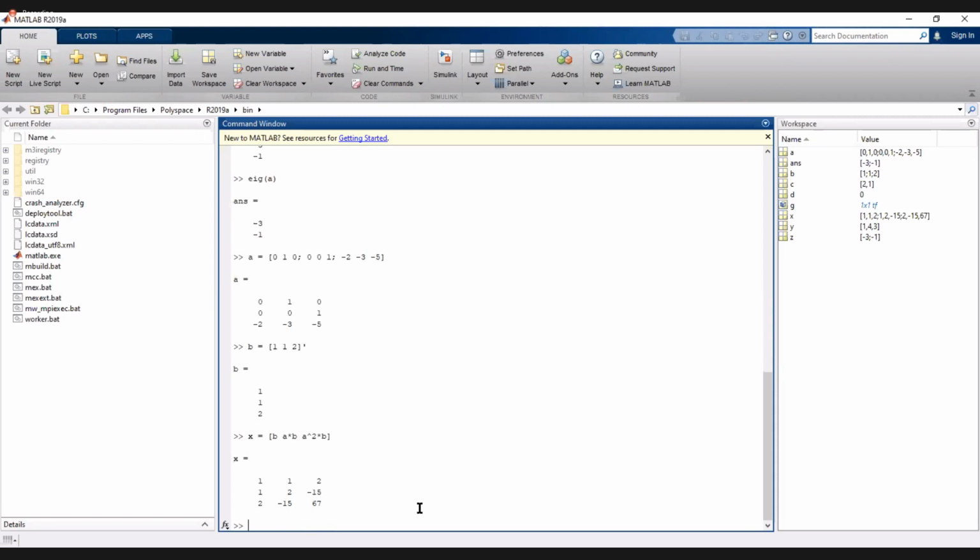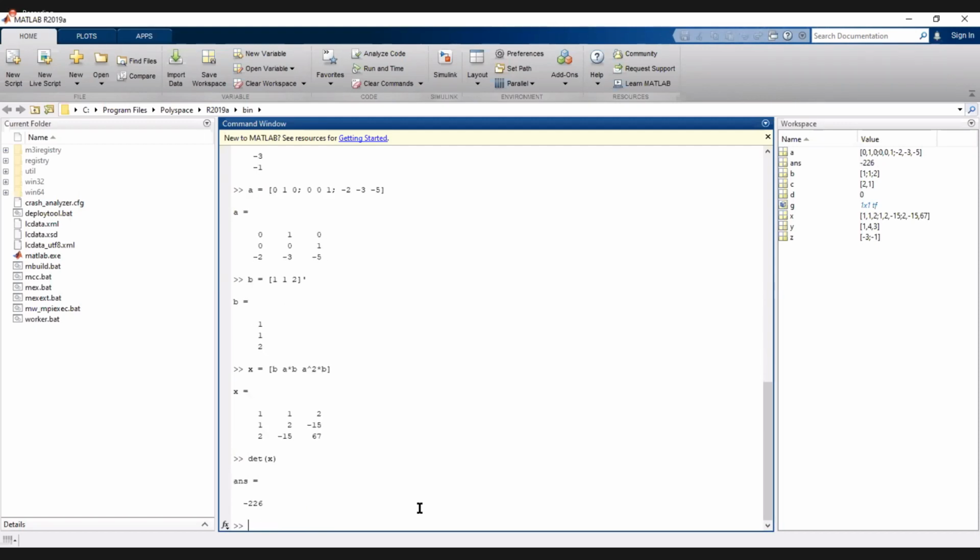And then find the determinant, det of x. It's minus 226. So that's not 0. So it is controllable.